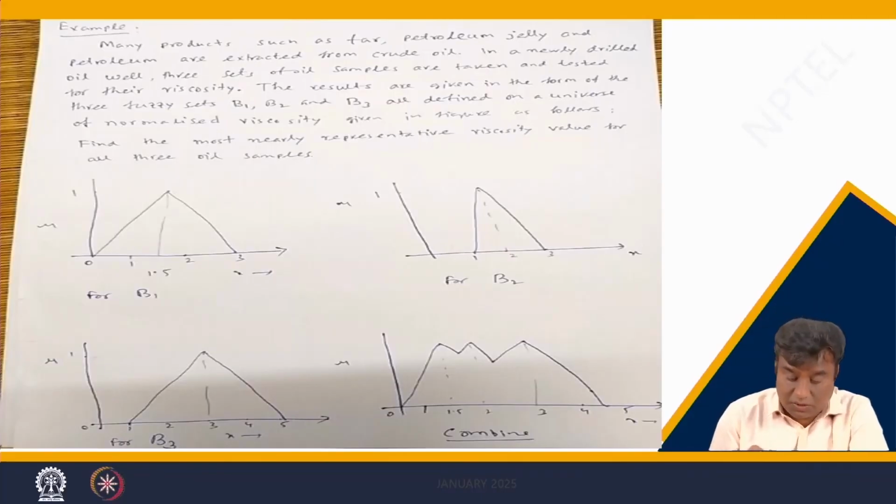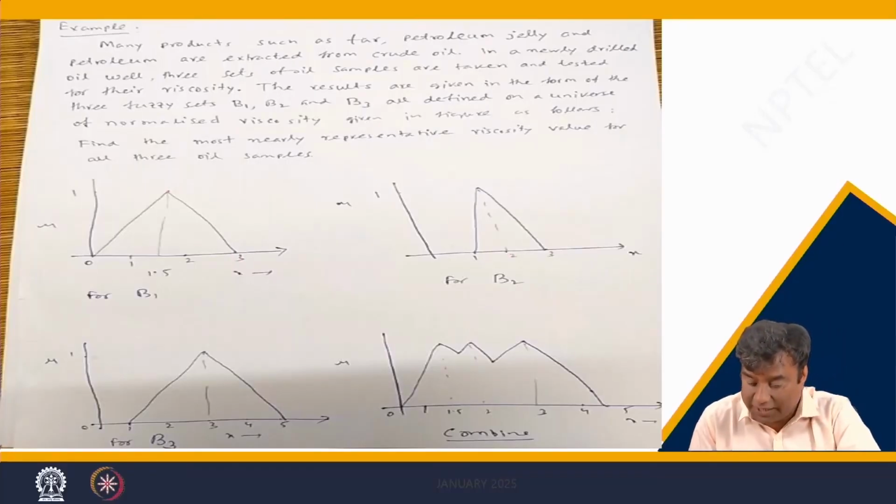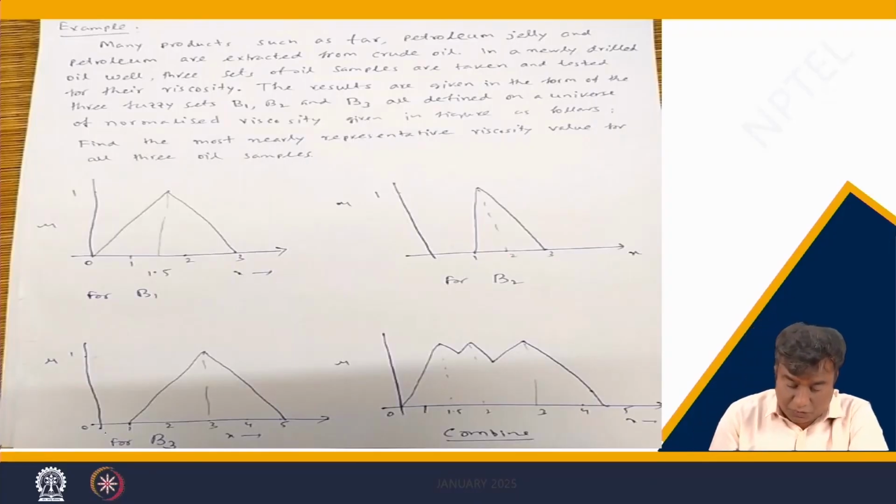Here you can check from 0 to 3. At 1.5 it is 1, then from 1.5 it is 3; from 1 to 2, at 2 it is 1. From 1 to 5 the value is 1.